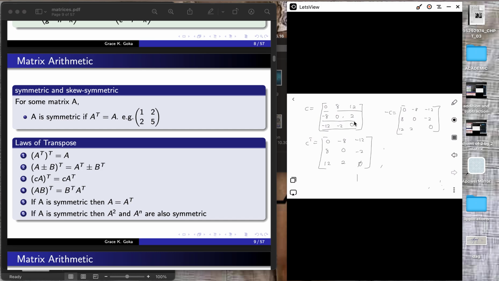All right, so we notice that C transpose is the same as negative C. If that is the case, then we say matrix C is known as skew-symmetric matrix. All right, so the only difference between a symmetric matrix is, one, if A is equal to A transpose, all right, then A is symmetric matrix.